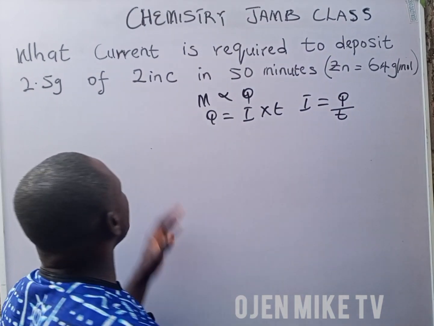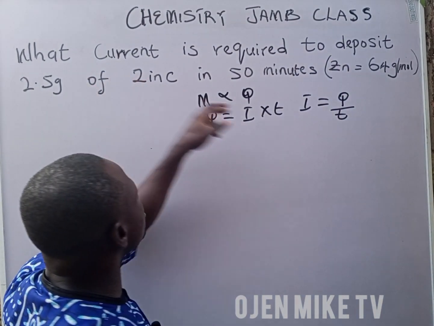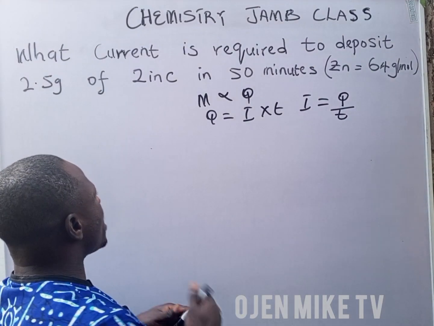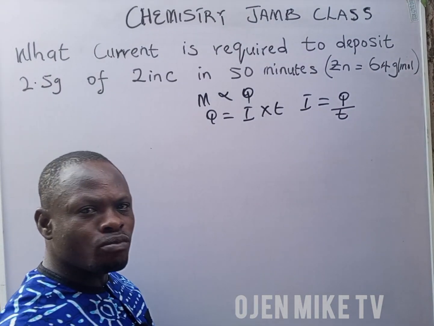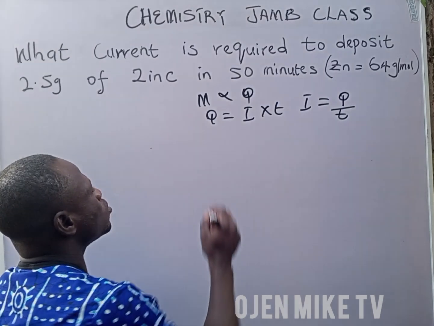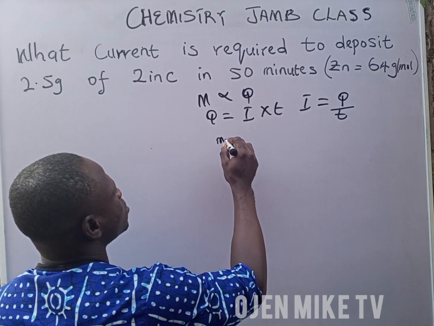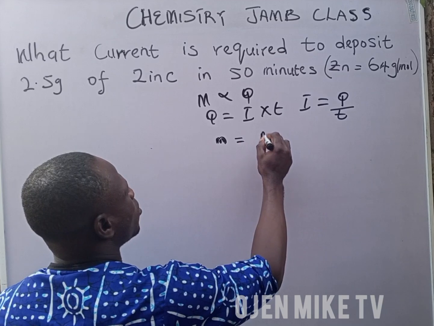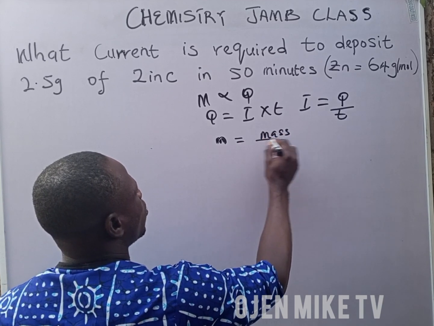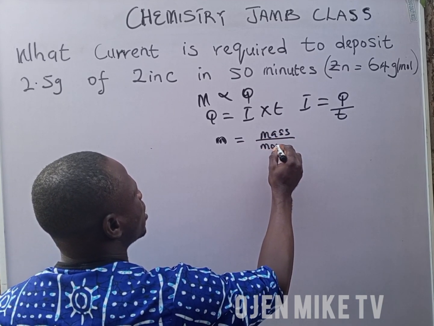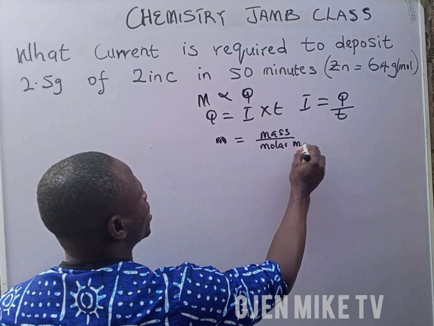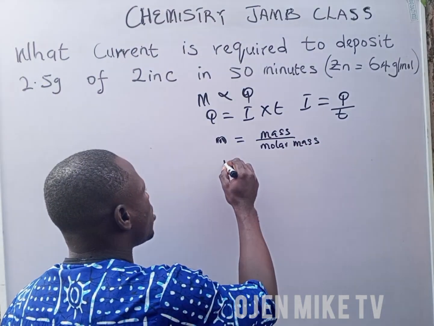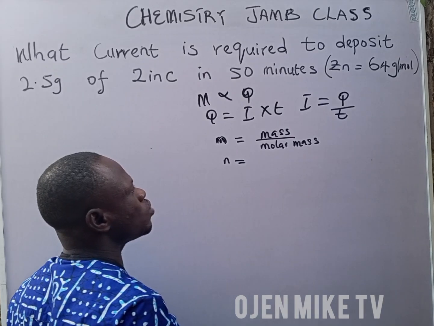Firstly, if you are calculating a problem involving current and time, you must first of all find the number of moles. How do you find the number of moles? You say moles, which is represented as n, is equal to mass over molar mass. Your number of moles will now be equal to what?